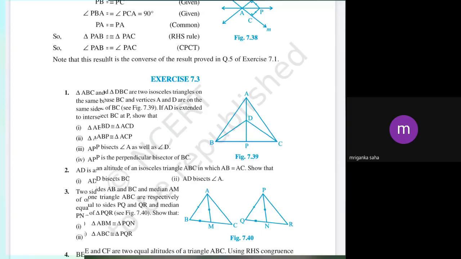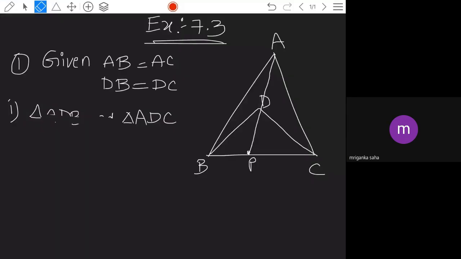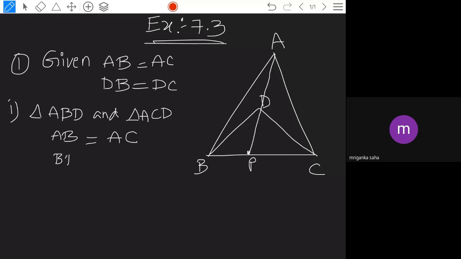To avoid the confusion, let us name the triangles A, B, D and A, C, D. If you name them in any way it doesn't matter, but when you use the congruency symbol, you have to write in a proper way. So in this AB is equal to AC in this, and BD is equal to CD. Both are given.